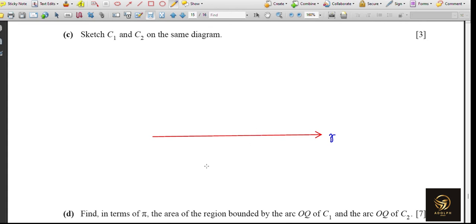So this loop will be like this, and C2 will be like this, but it can be even better. So it should intersect through this point.